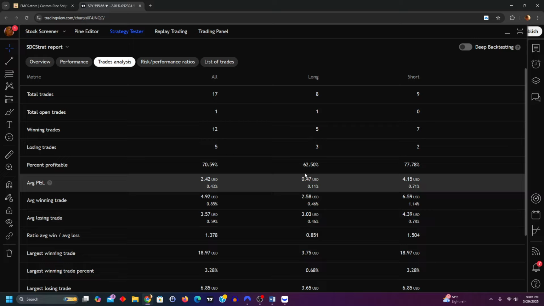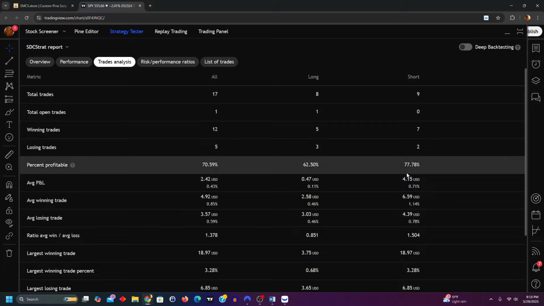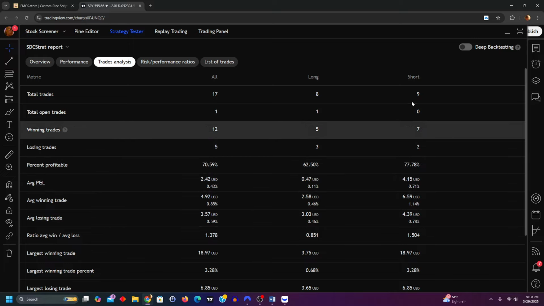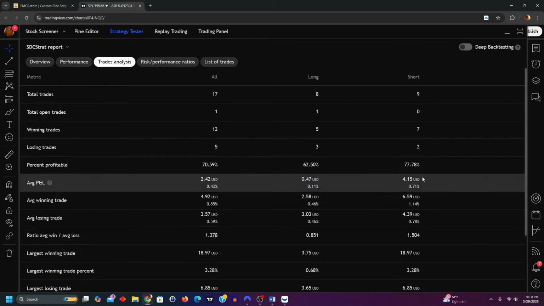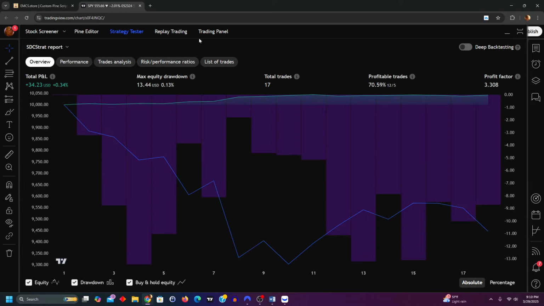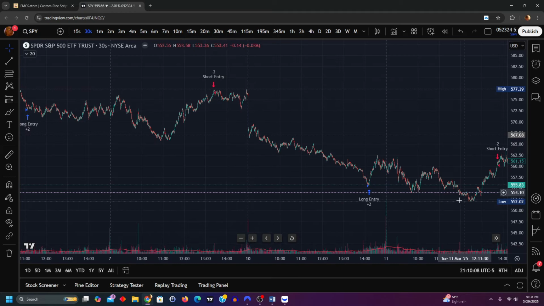You can see the average P&L per trade on the long side is 47 cents. And over the last month, the average P&L on this strategy on the short side is $4.15. Right?